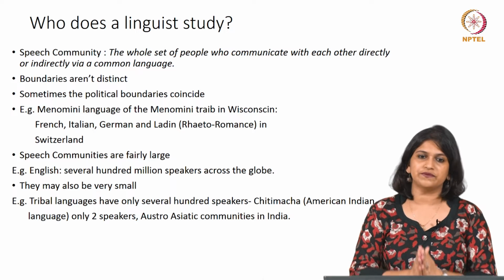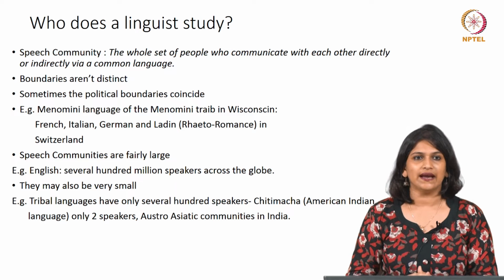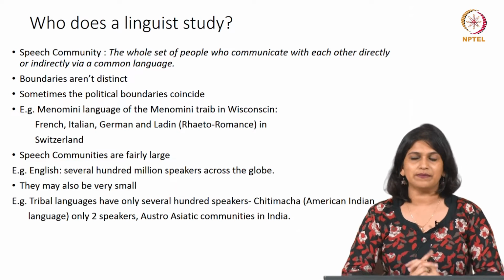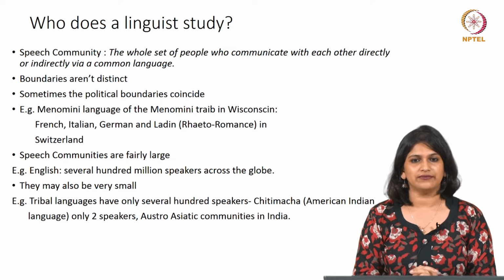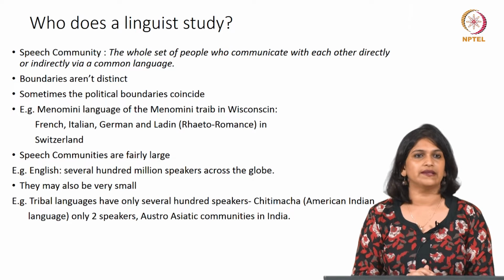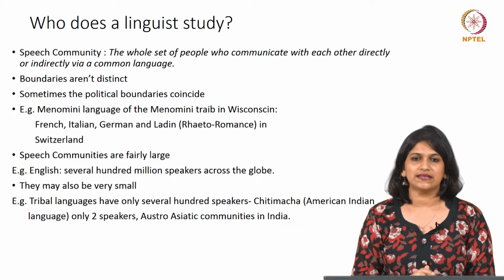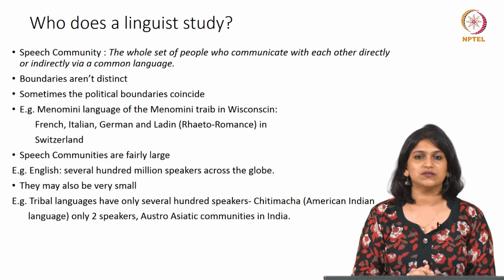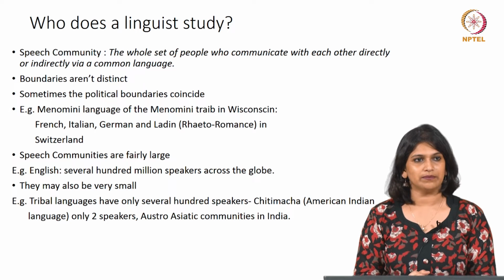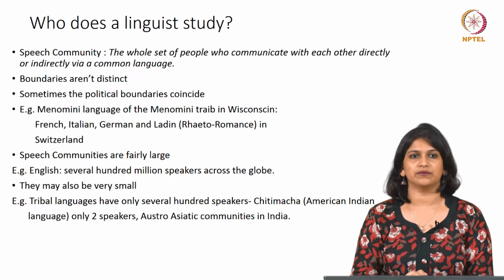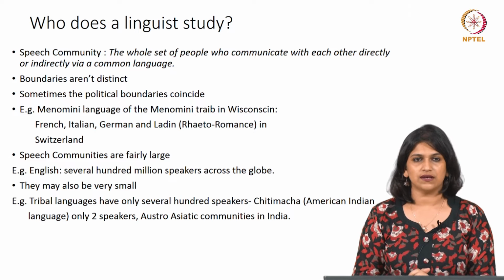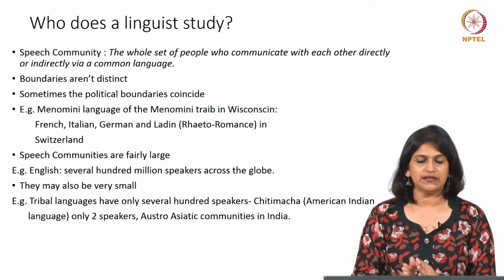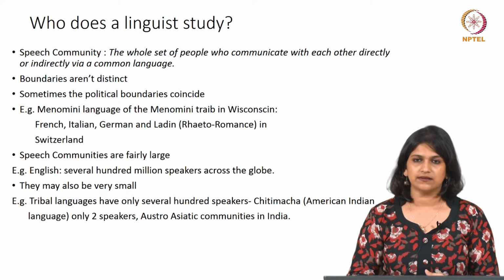If there is a group of students sitting in my class, a 40-member classroom, let's say, and out of 40, some 7 people are speaking Telugu, then I would say this is the Telugu speaking community, or the Telugu speech community. These 7 people, when they try to communicate with each other, use Telugu as the medium of communication. So that's the most basic definition of speech community.